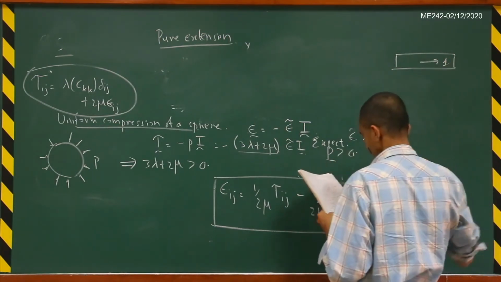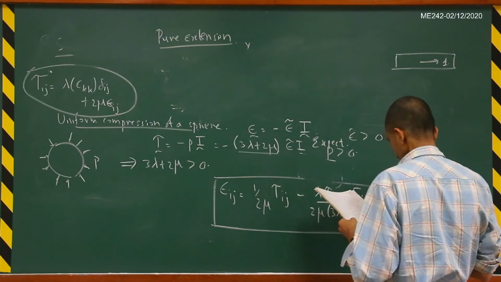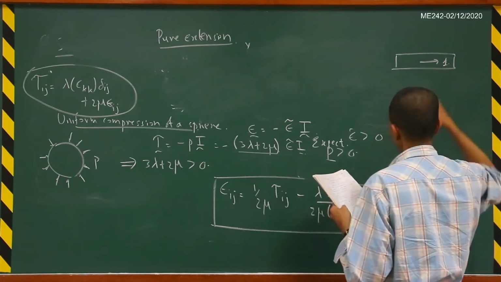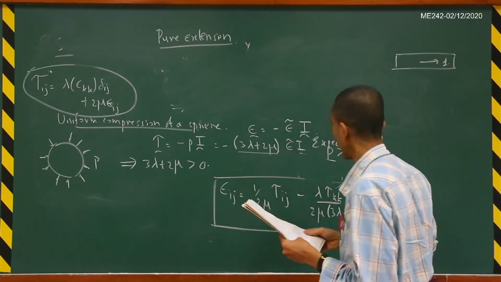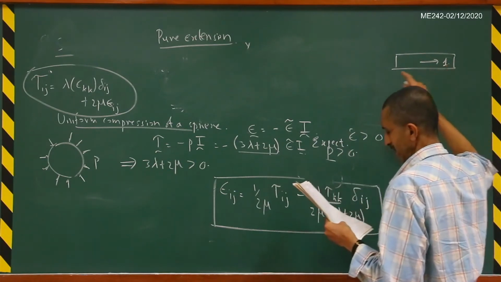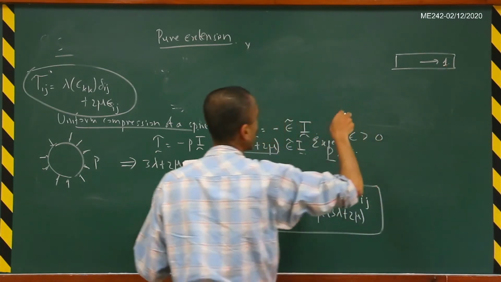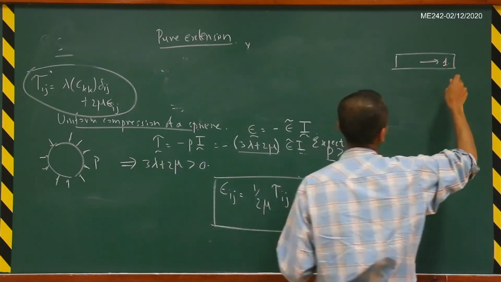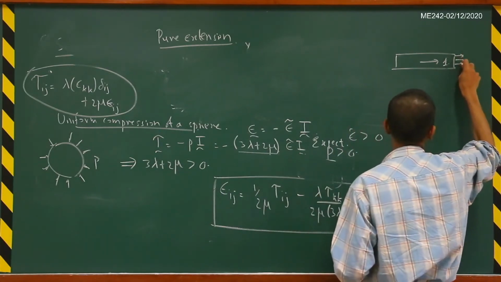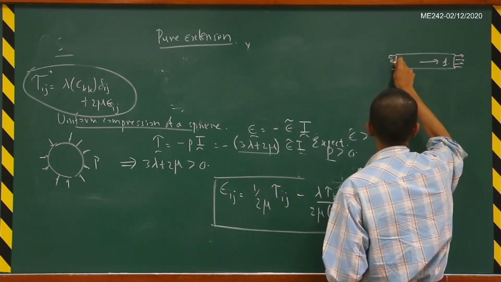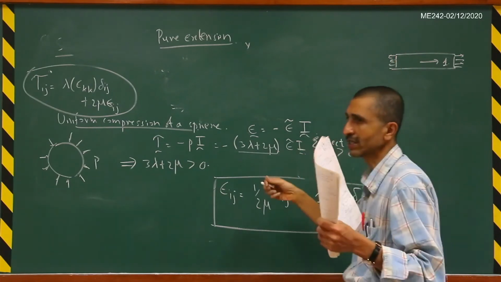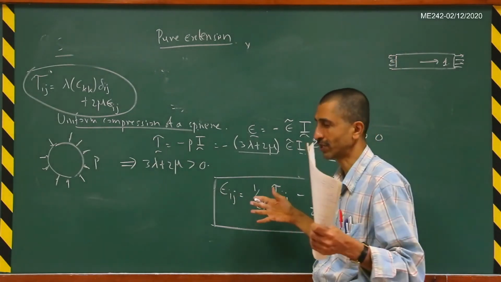And so here in this particular case, you can imagine that you are just applying some uniform pressure on these two sides. And so this bar is extending just because we are applying a uniform pressure on its ends here.